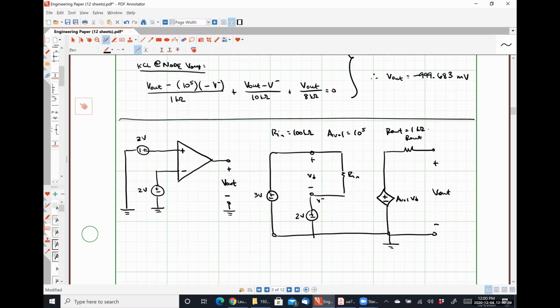So if, for example, I put 10 volts on the positive supply and negative 10 volts on the negative power supply terminal, then our output voltage would be limited to positive 10 volts or negative 10 volts, okay? This is what's called saturation distortion.